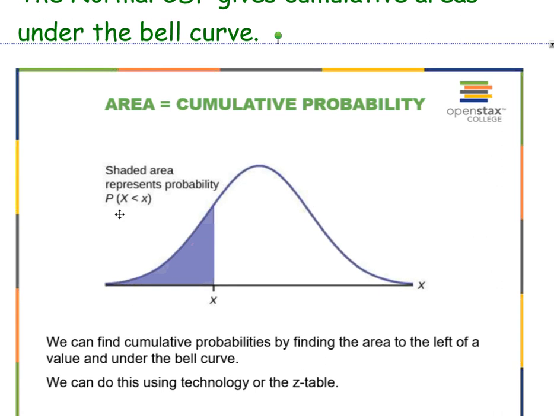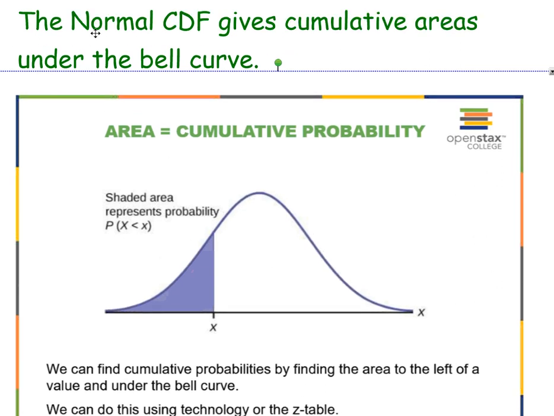So the CDF, cumulative distribution function, gives cumulative areas under the bell curve. And when you see a shape shaded like this with X marked on the horizontal axis, this shaded region could be denoted as the probability that X is less than some specified value of X.